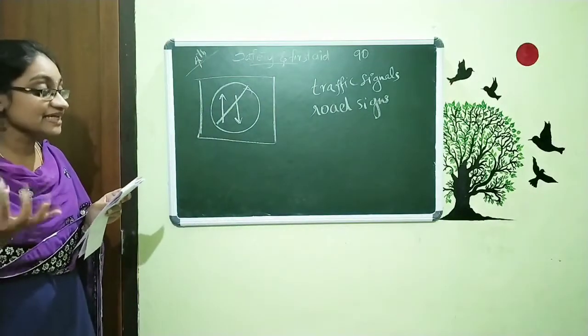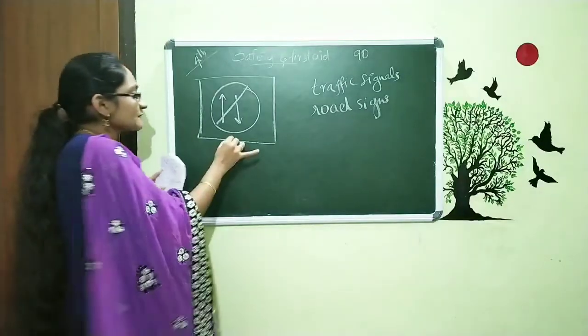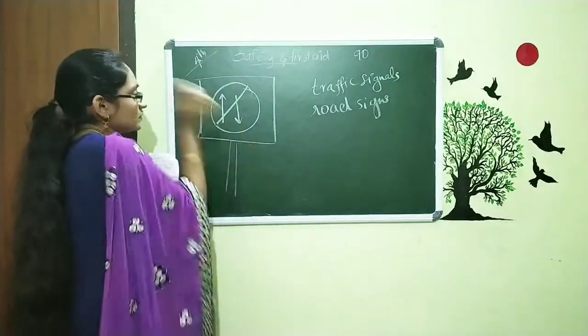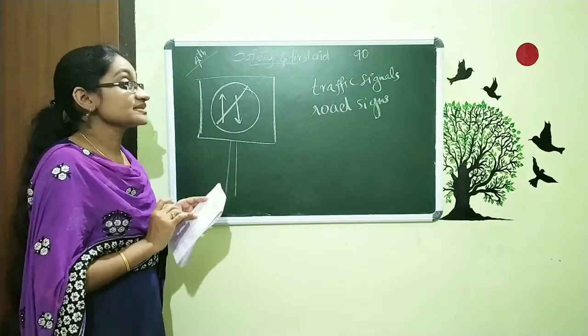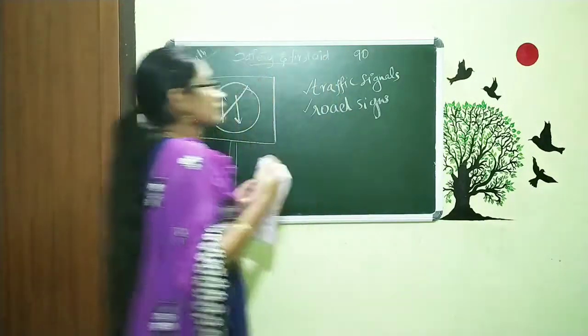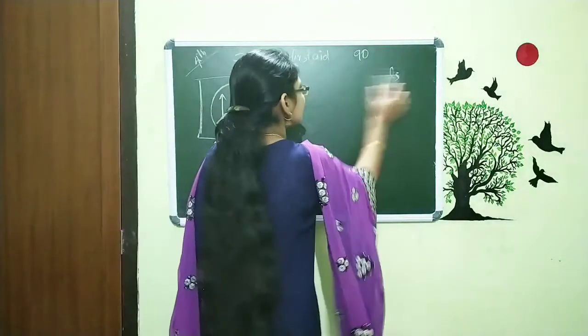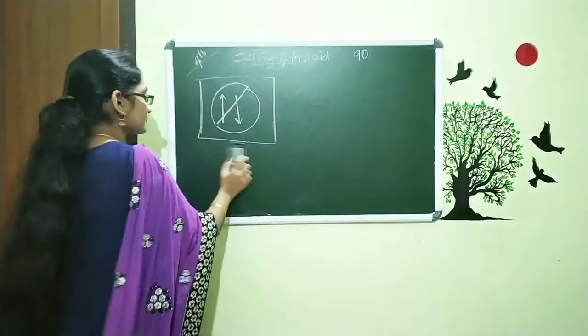That means we can see many signs placed on certain types of boards, and those signs are called road signs or traffic signals. This is the definition of traffic signals. Just read it. It is there in your textbook.